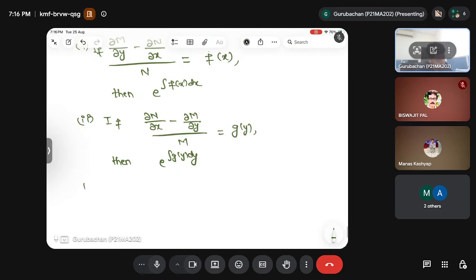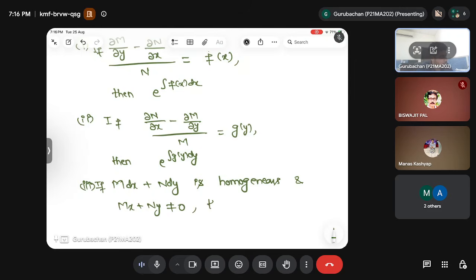Is there any other third form? Suppose m dx plus n dy is homogeneous and mx plus ny is non-zero, then the integrating factor will be 1 by mx plus ny.